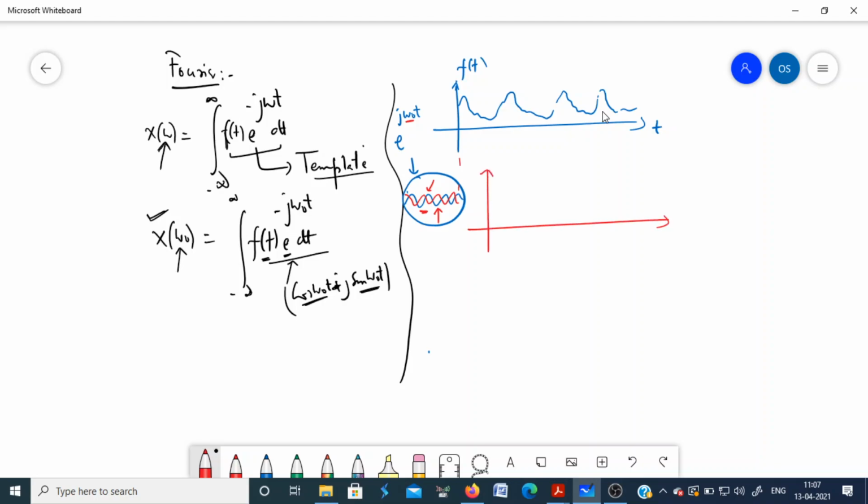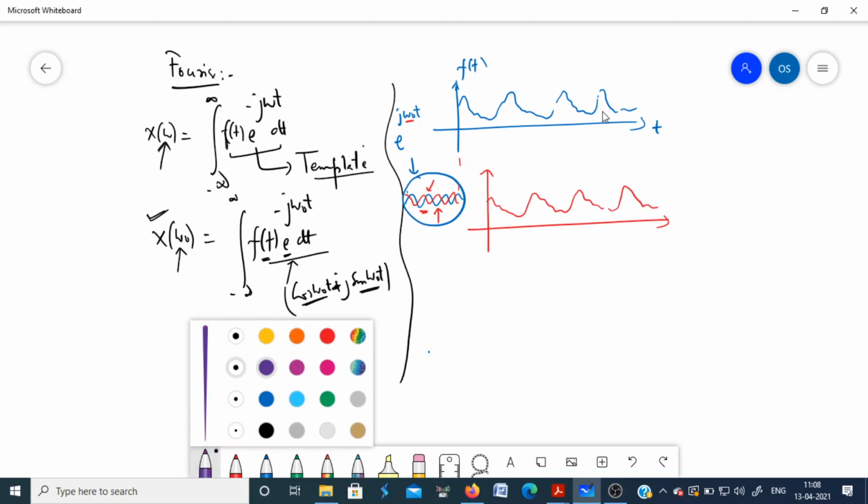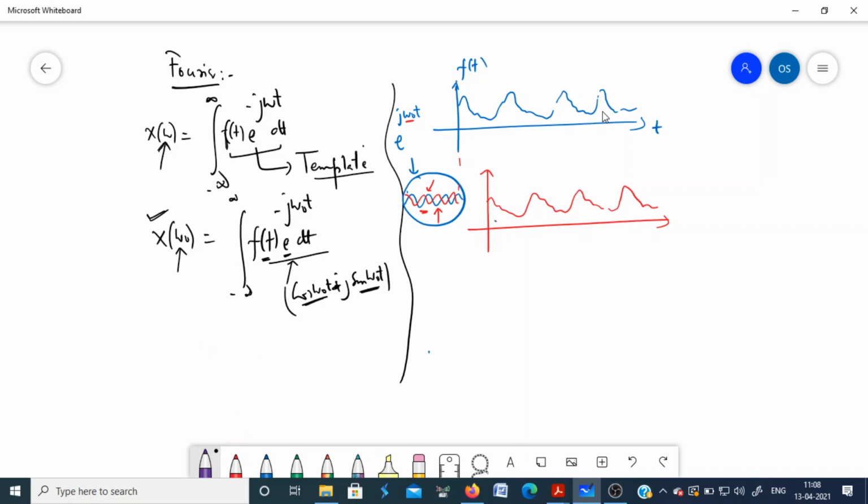Suppose that this is my function, and I am choosing a sine function with some frequency, and I am multiplying them together and integrating them for the entire time period. You get some value, that is X of omega naught at that particular frequency.